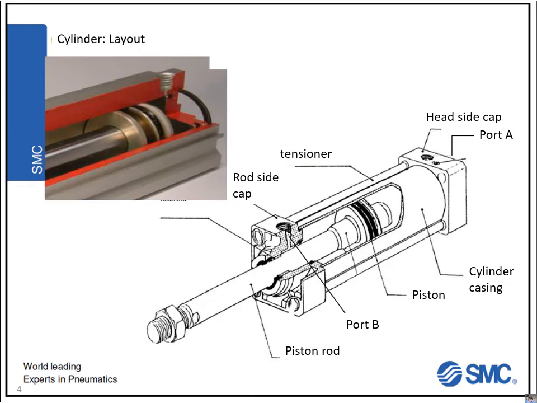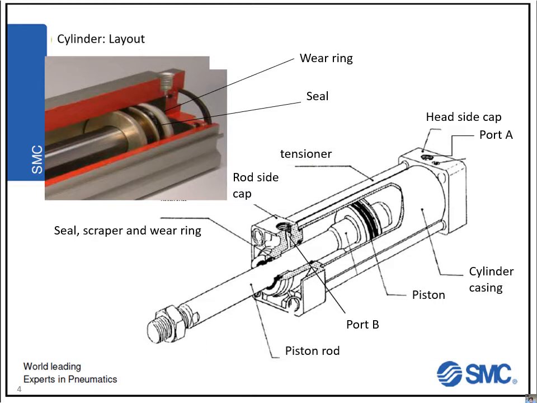What is generally used, like you can see on the image on the top left, are wear rings. Due to motion, there will always be friction, and wear rings are used to decrease the amount of friction. And there are seals to prevent oil or air from leaking over the piston.